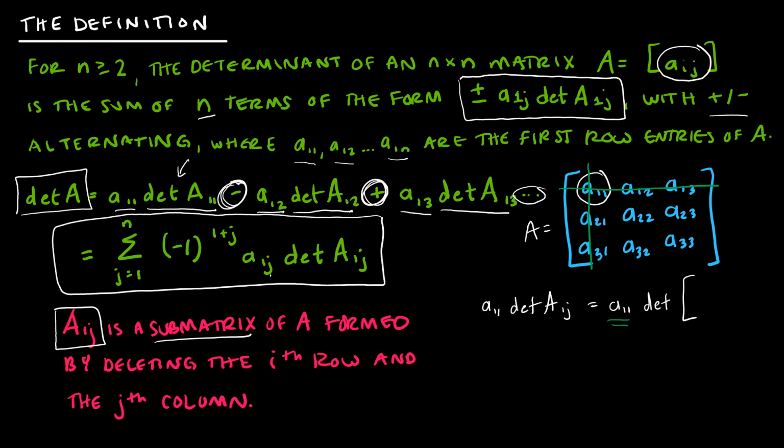Whatever this term is, I take away its row and column, and I write the matrix that is left over: A22, A23, A32, A33. Good news, I can find the determinant of a 2 by 2 matrix very easily because we just reviewed how to do that.